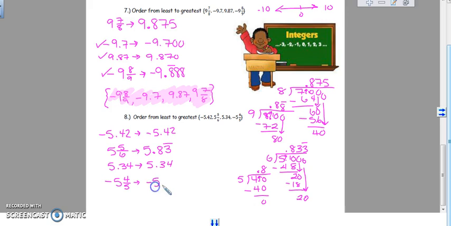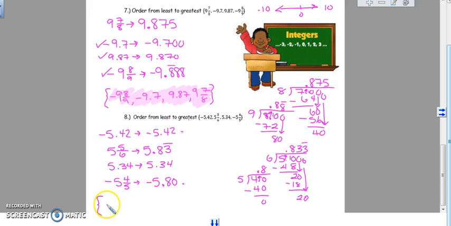So this is -5.8. Again, we need to make sure that it's the same length, so I add a 0 as a placeholder. So I start with my negatives, and again, we're going least to greatest. That means I'm looking at this one right here, and this one up here. -5, we're tied. -4, -8, which is smaller? Think about it. What is farther from 0? This guy, the -8.